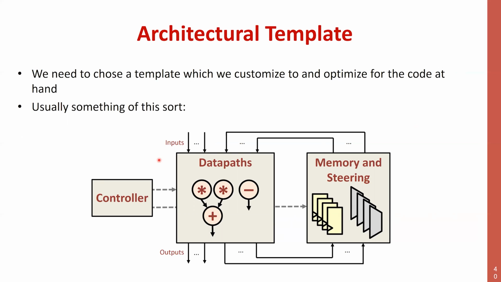And all these connected so that the memory gives things to the data path and the data path gives something back to the memory. And in parallel, a controller that tells all these components what to do, at which moment in time.